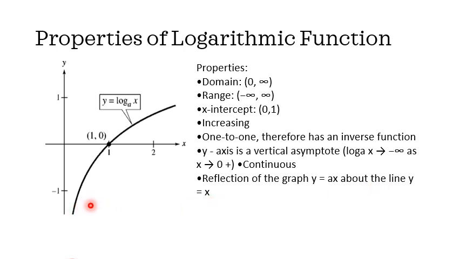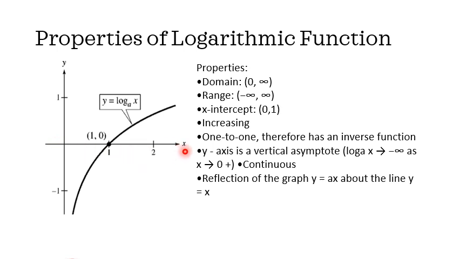So again, the logarithmic function is the opposite of the exponential function. The y-axis is a vertical asymptote for the logarithmic function, while the x-axis is the asymptote for the exponential function.